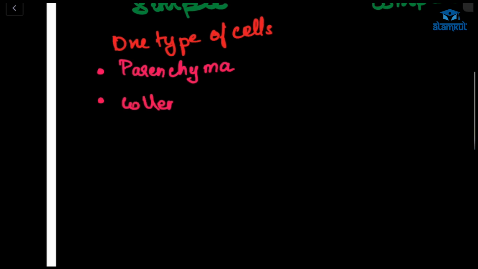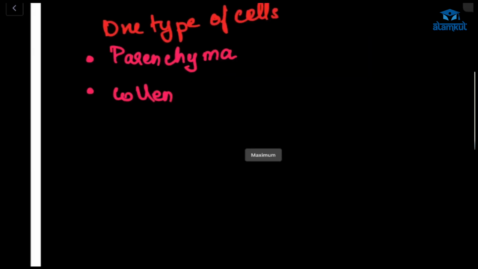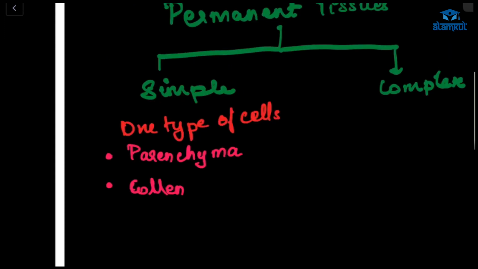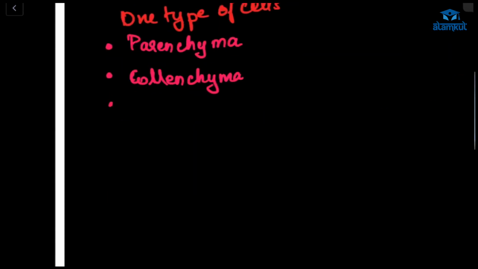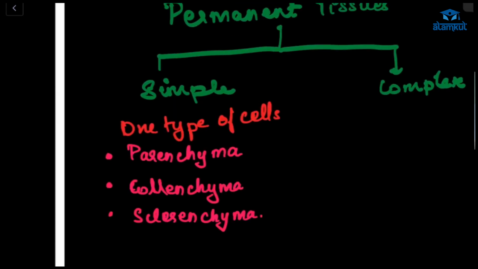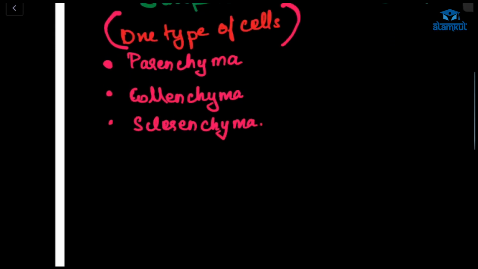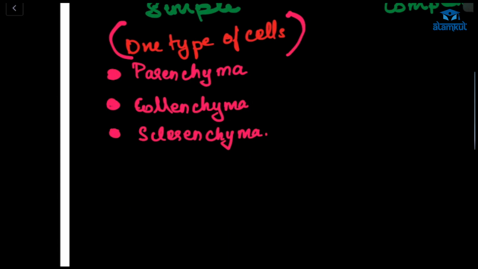And the last one, sclerenchyma. In the simple, only one type of cells will be present, and there are 3 types: parenchyma, collenchyma, and sclerenchyma.